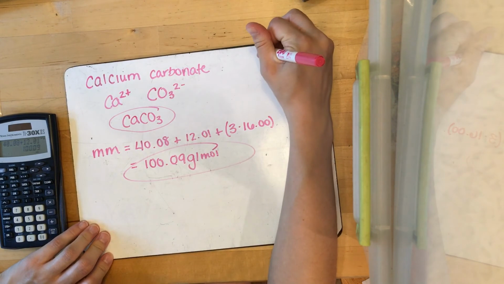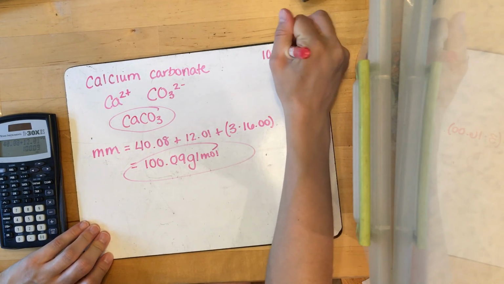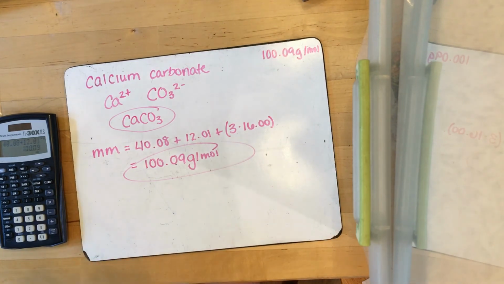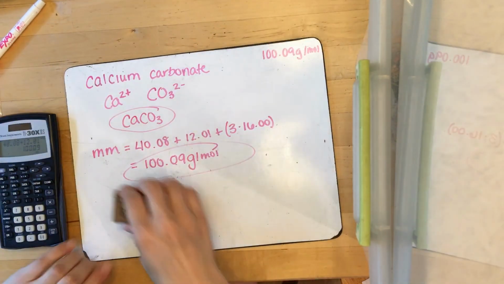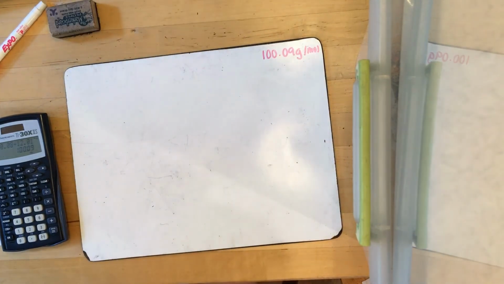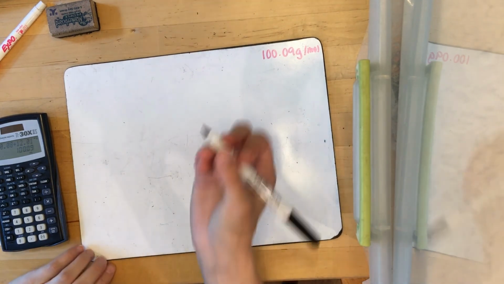I'm going to write that up here so we can remember it. And then I'm going to erase this so we can do the rest of the problem. Okay, question 2 says, what is the mass in grams of a sample containing 4.86 moles?